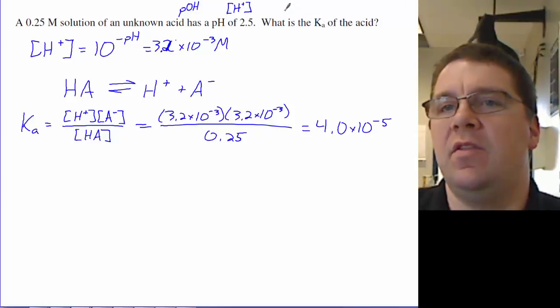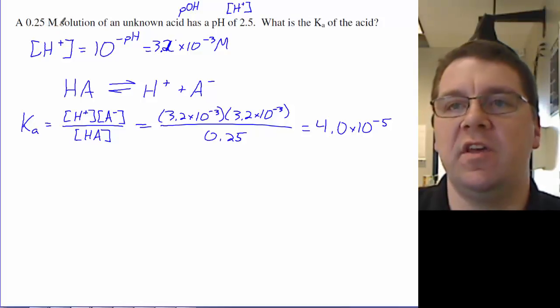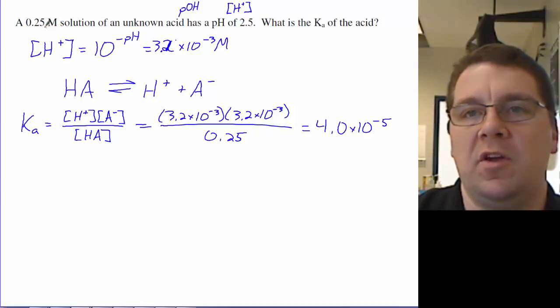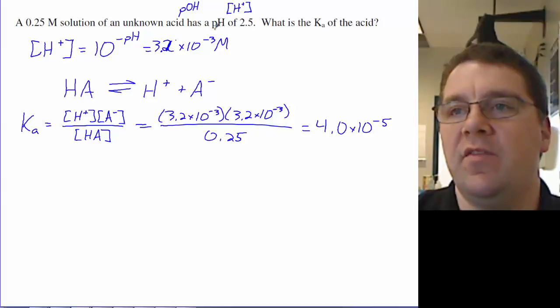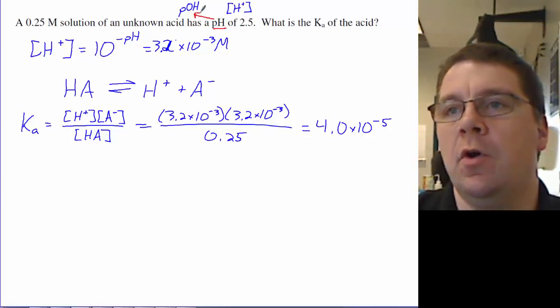And given that we are given the concentration of the weak acid, it makes sense to use the Ka expression, which uses both that concentration and the hydrogen ion concentration. With the given pH, we could either go to pOH or to the hydrogen ion concentration. So this is the route we're going to go.